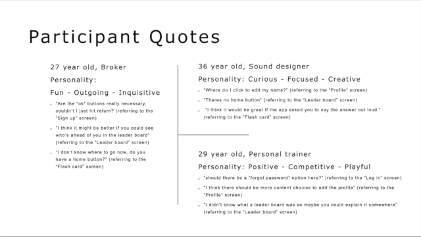His quote, "Are the OK buttons really necessary? Couldn't I just hit return?" referring to the sign up screen. "I think it might be better if you could see who's ahead of you in the leaderboard," referring to the leaderboard screen. "I don't know where to go now. Do you have a home button?" referring to the flashcard screen.